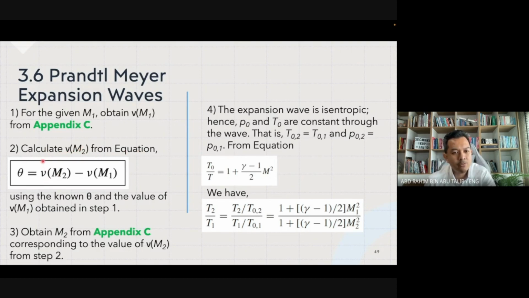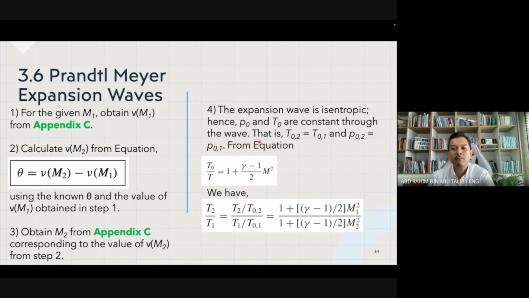So we want to know what V of M2 is, using the known theta and the value obtained in step number 1. So step number 1, use the value in Appendix C, and then calculate it from the equation down here.